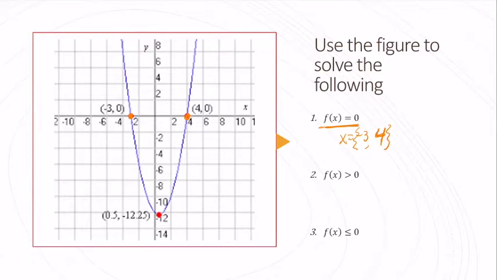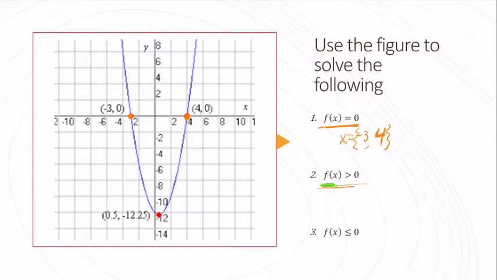When it comes to greater than or less than or greater than or equal to or less than or equal to, it may want them in an interval, or it may want you to graph them on a number line. So let's go ahead and take a look. So if I have f of x is greater than 0, where does f of x greater than 0 by looking at this graph? We'll switch to green. So that's where my y values are greater than 0.